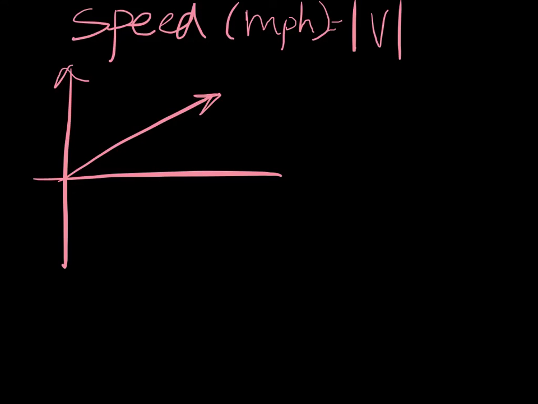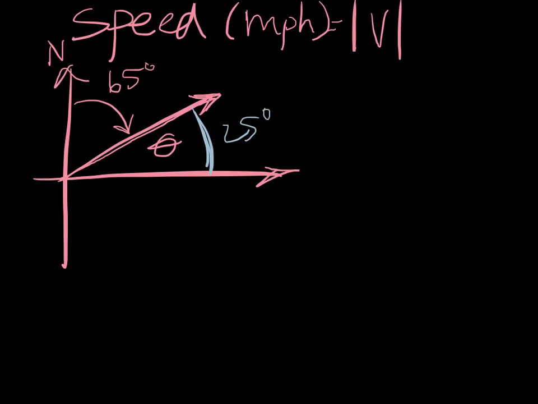Again, bearing is from due north. This is your north, and it has the bearing of 65 degrees. But when we are doing this, you have to remember theta is the angle your vector makes with the x-axis. So really I care about this angle, and that angle is 25 degrees.